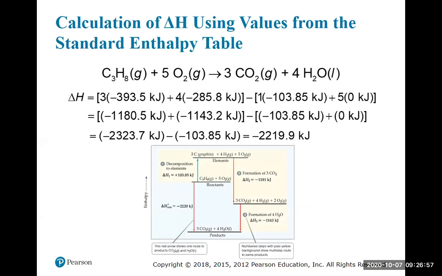So in this case, 3 in front of the CO2, 4 in front of the water. That's where the 3 and 4 come from on the product side. And on the reactant side, we have 1 propane and 5 oxygen, so 1 and 5 are the coefficients there. Any questions about those? Okay.